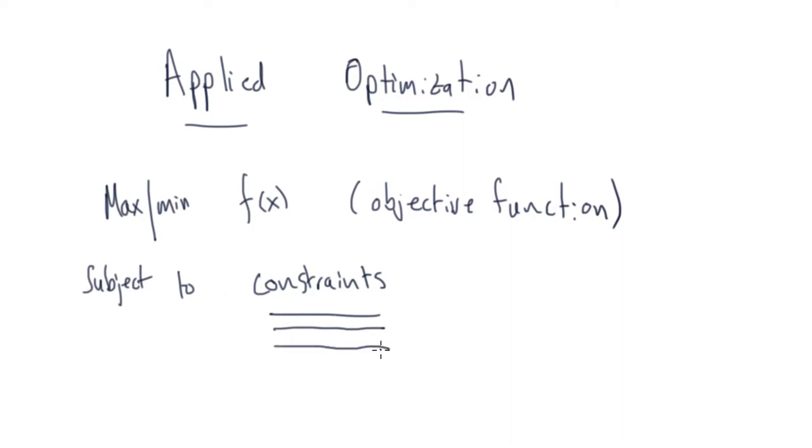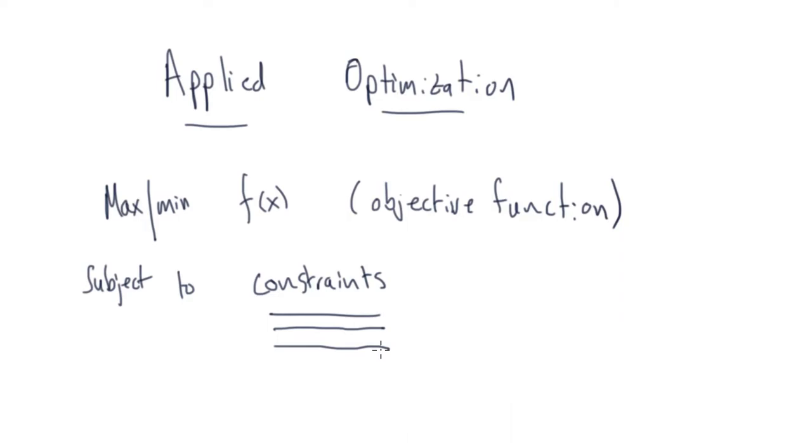In the example of our objective function being a profit function, it would be great if I could sell an arbitrary amount of products.